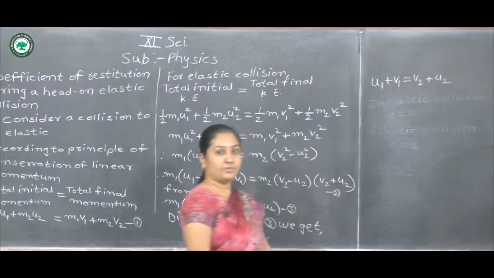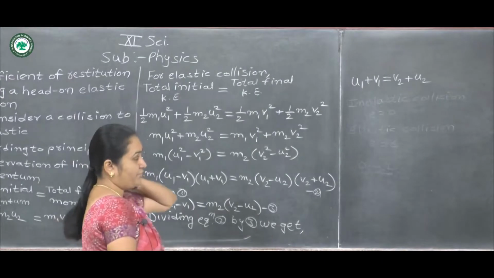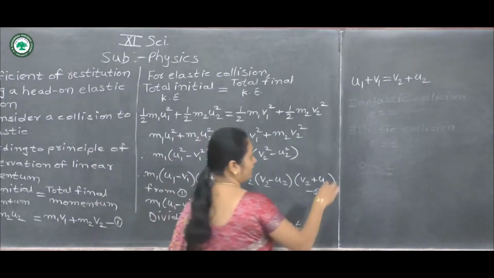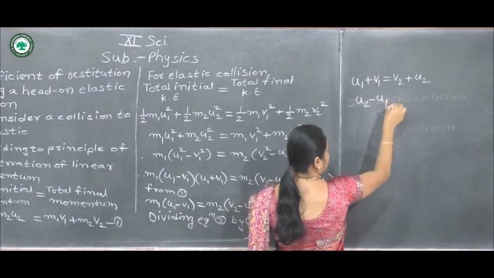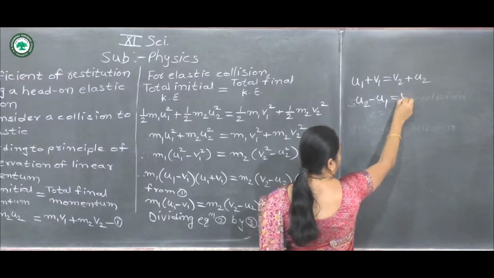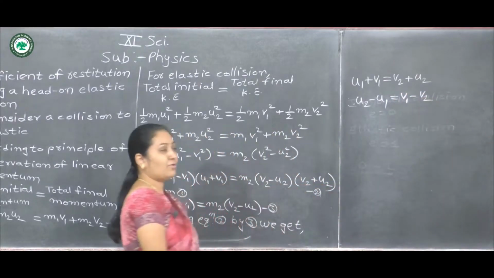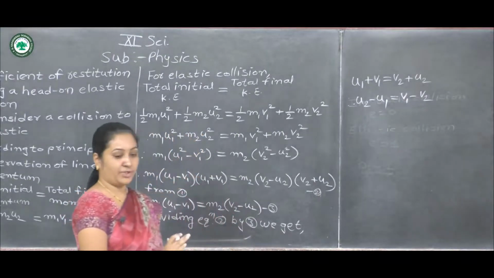We have u1 plus v1 equal to v2 plus u2. Now from this we can write here, therefore u2 minus u1 equal to v1 minus v2. So what we have? u2 minus u1 equal to v1 minus v2.